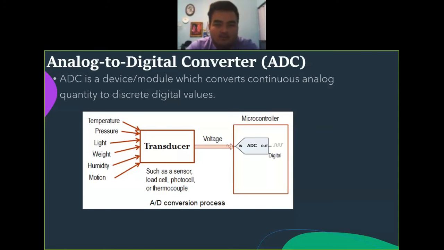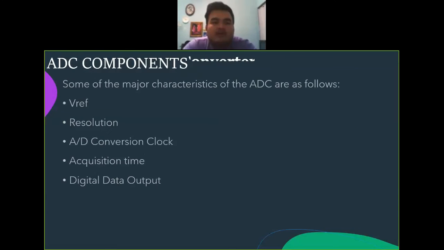An analog to digital converter is a device, or module, which converts a continuous analog quantity to a discrete digital value. The ADC has several components: V reference, resolution, analog to digital conversion clock, acquisition time, and digital data output.